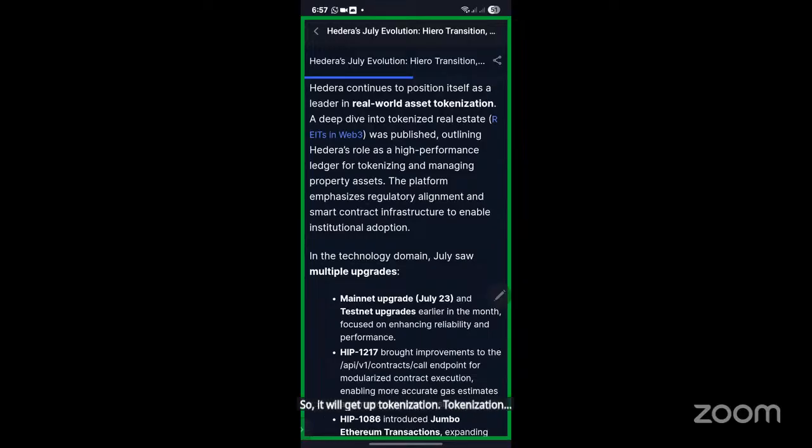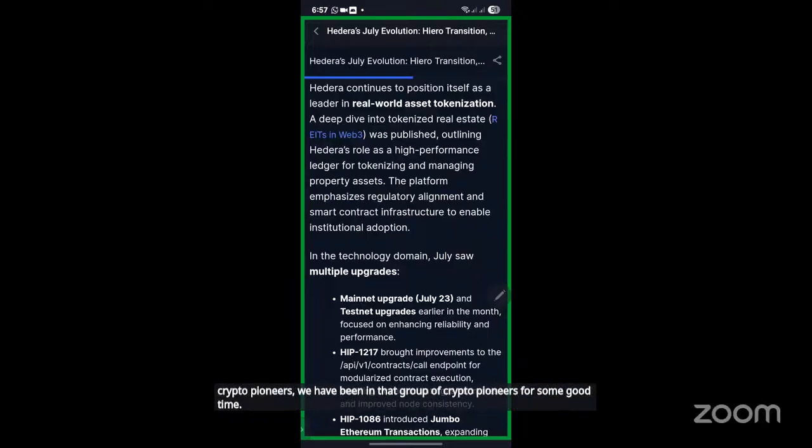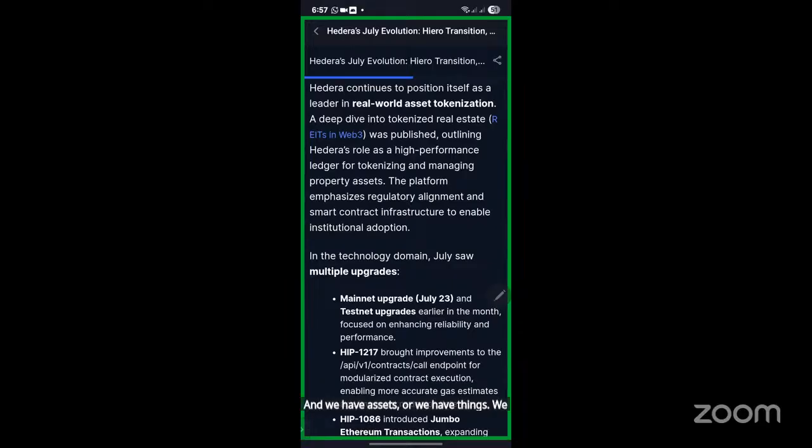Take, for example, that we, the crypto pioneers, have been a group for some good time, and we have assets, things that we have done, and these things are physical. For example, we have built a school as crypto pioneers.